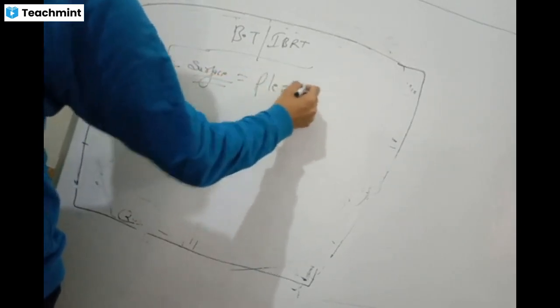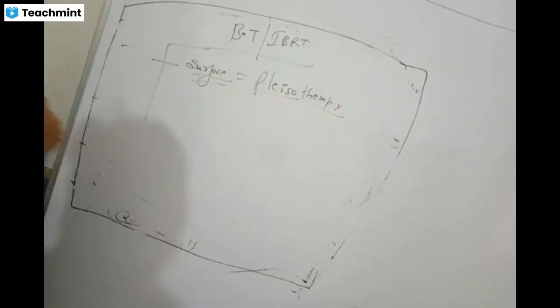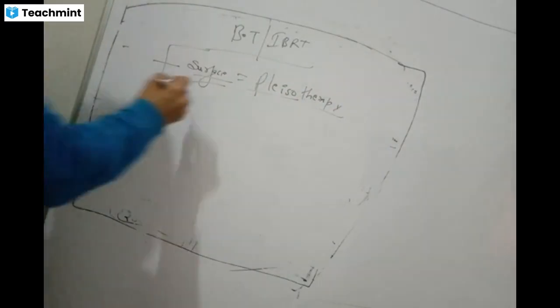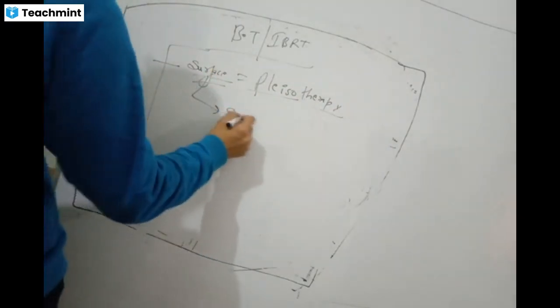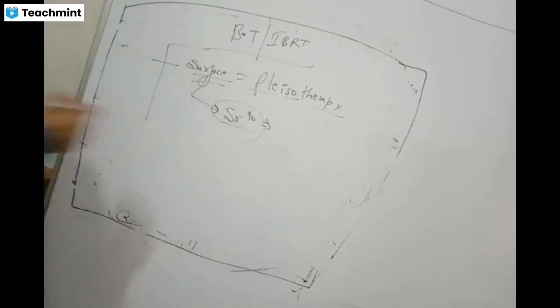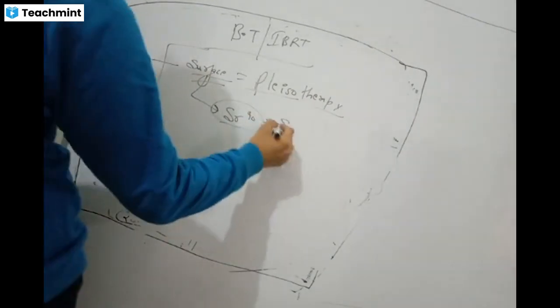Then it is called plesiotherapy. This is the terminology where we keep strontium 90 on the surface. This is the radioisotope which we use for surface brachytherapy.